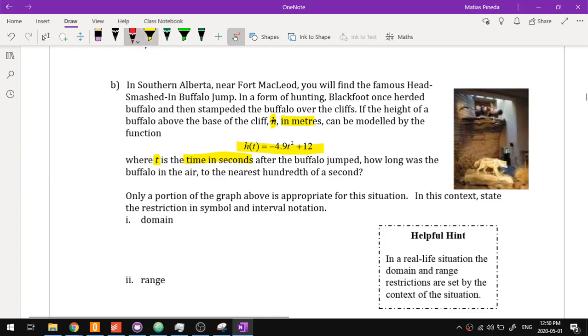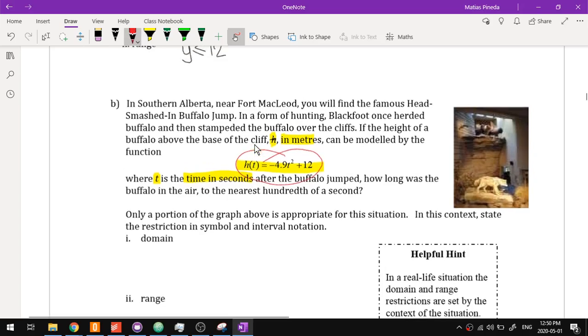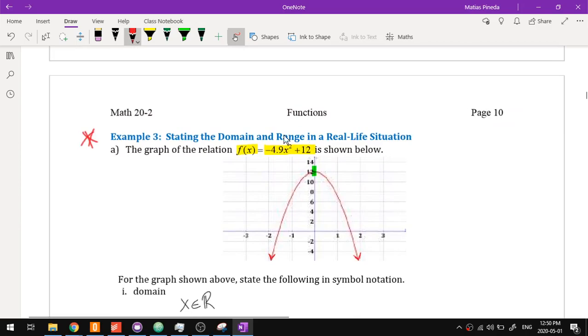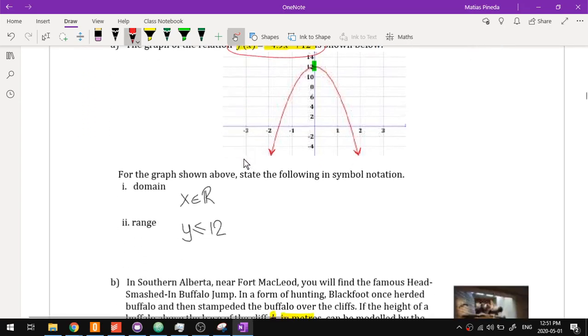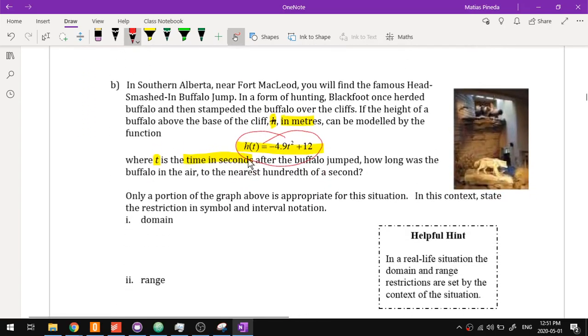What you need to notice here is that this function is the same function that we had up here. They've just named the variables differently. Instead of x, we now have t for time, and instead of calling the function f of x, it's now being referred to as h of t. T is time and h represents height.